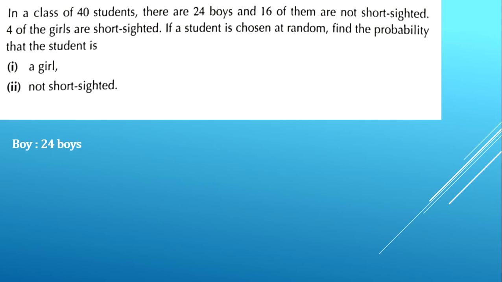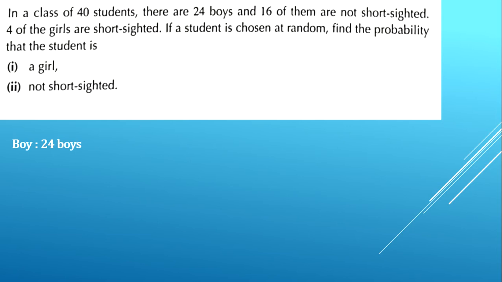You have to remember that when we are doing probability, the most important thing is knowing what the sample space, or the possible outcome, and the favorable outcome are. In this situation, the possible outcome or the sample space will be all students, which is 40, because it's the possible outcome if we choose randomly, right?